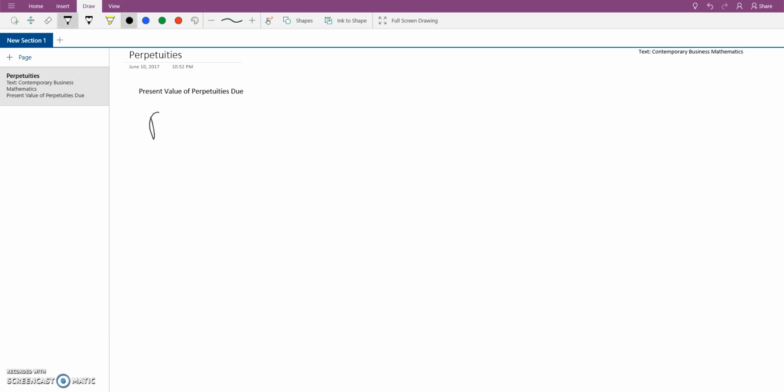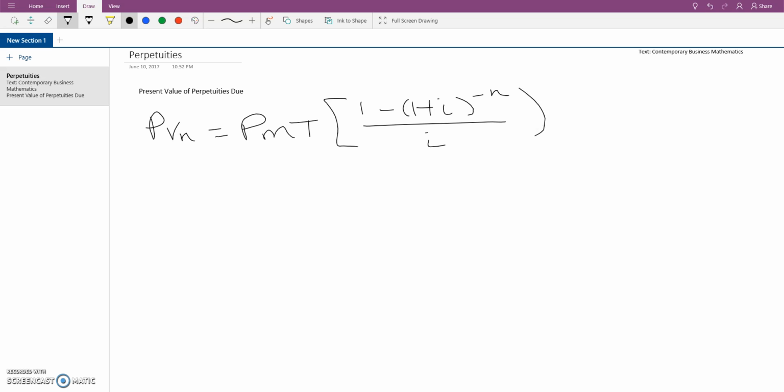The present value for n terms equals the payment times 1 minus (1 plus the interest) to the power of negative n, over the same interest. And this determines the present value of an ordinary simple annuity. This is the formula that calculates it.